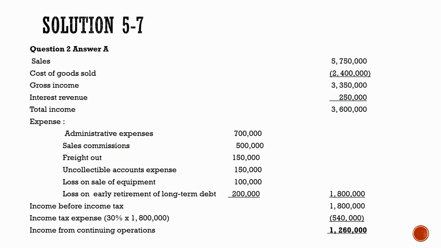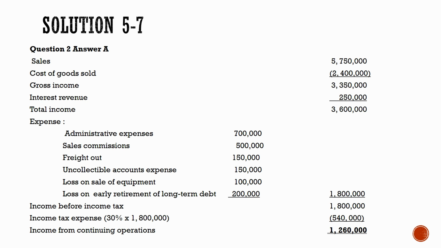So, 2,400,000 plus 3,600,000, makukuha natin yung ating goods available for use. Sa normal na paraan, para natin makuha yung goods available for use, ay i-add lang natin yung beginning finished goods inventory sa cost of goods manufactured. Pero dahil ang hinahanap natin dito is cost of goods manufactured, i-deduct natin yung finished goods inventory noong January 1 sa goods available for use.